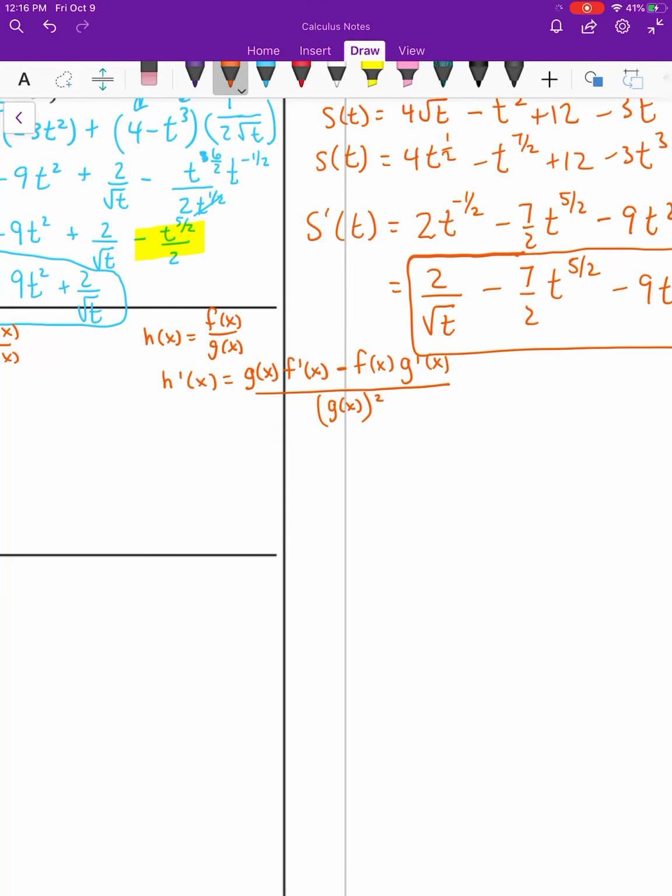Okay, so I'm going to tell you that again. Quotient rule. Low d high, and that's multiplication, minus high d low, over the square of what's below.